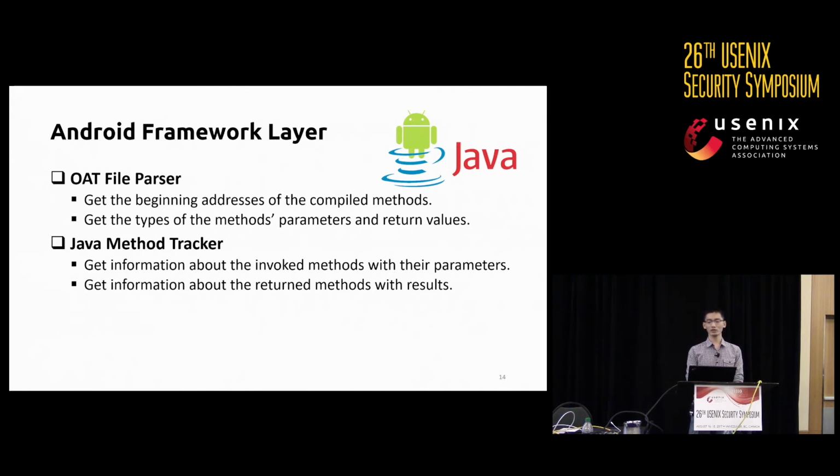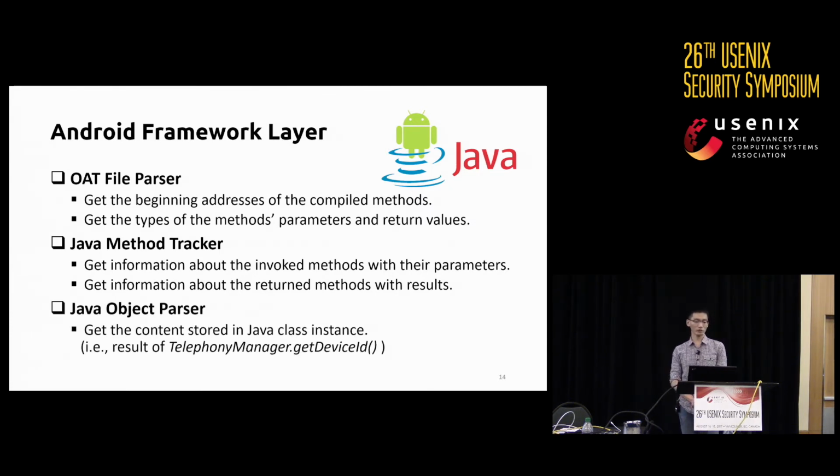If the target address equals the beginning address of a method, then the method will be invoked. Meanwhile, Malton gets the method's return address from the register LR and pushes the return address into the method call stack. It checks the method return through comparing the target address of a jump instruction with the return address at the top of the method stack. If they are the same, the last invoked method will return.